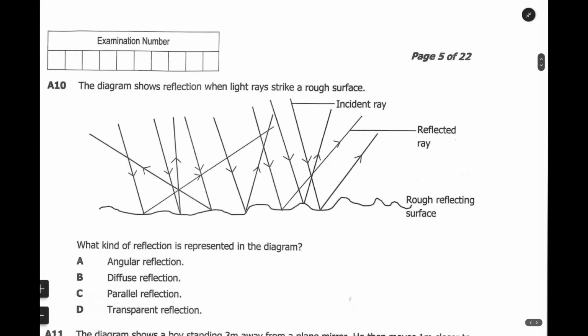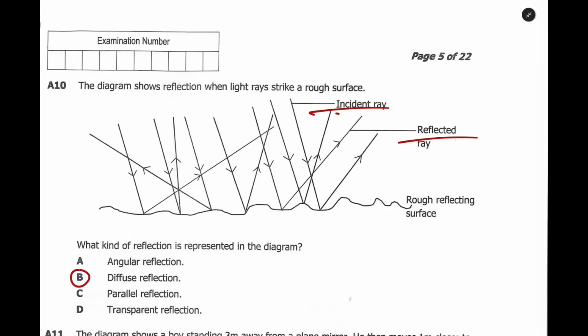Up to question 10. The diagram below shows the reflection when light rays strike a rough surface. As you can see, incident ray, reflected ray, and you have a rough surface. Now, when the light rays fall on the rough surface, we have what kind of reflection? It is called diffuse or irregular reflection.